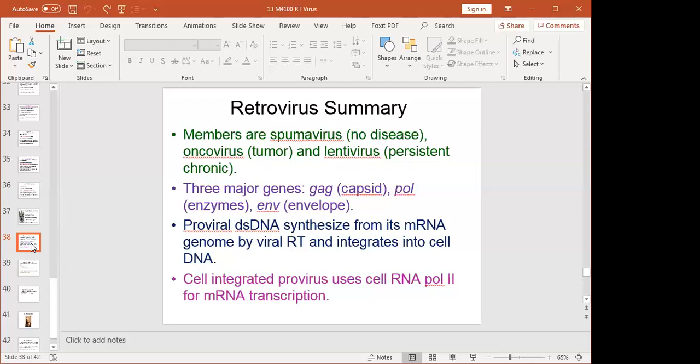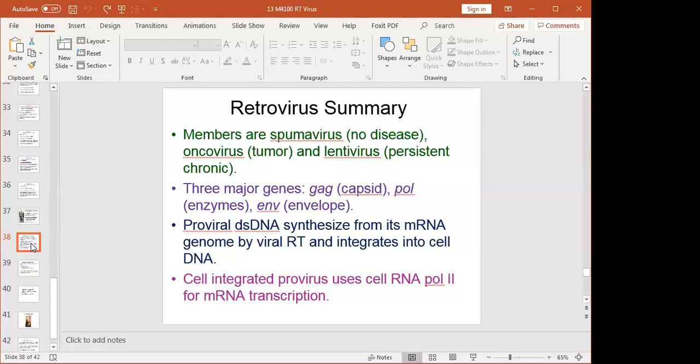We start at the 5' end of the RNA, then we go to the 3' end of it, then connect the 2, get rid of the extra RNA or extra negative DNA, and we have double-stranded DNA with novel ends, long terminal repeats. Then cell-integrated proviruses use RNA polymerase II for messenger RNA transcription.